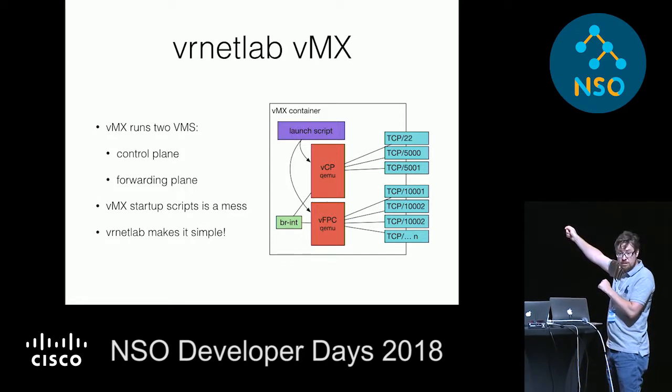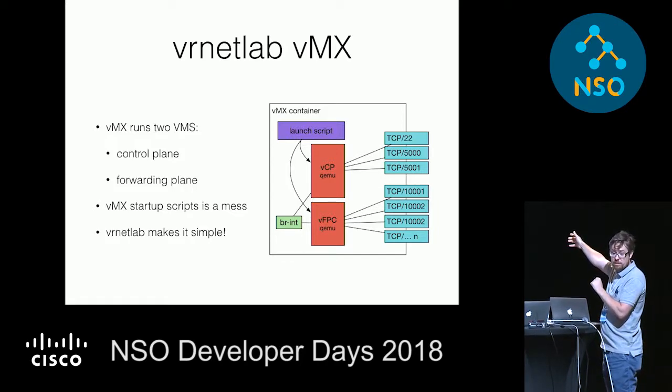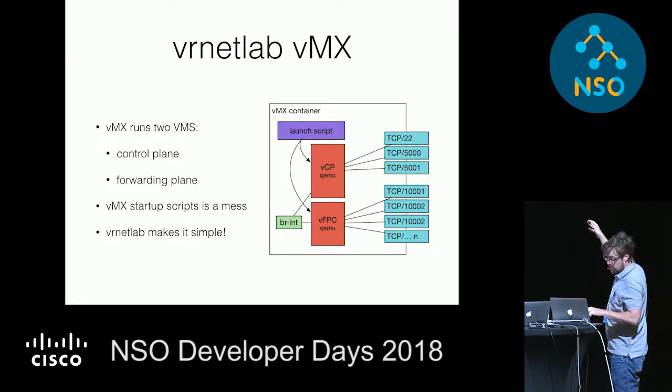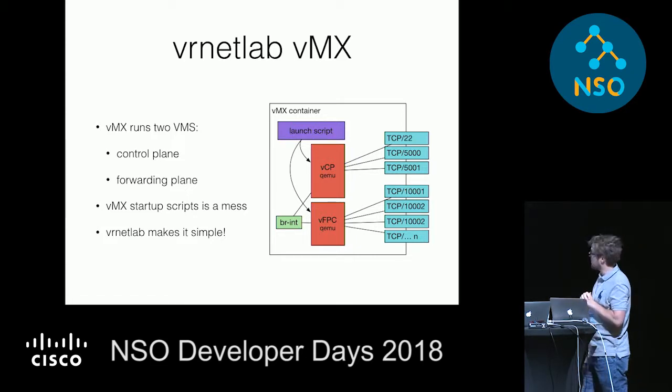There's a launch script in there that handles launching this whole thing, and I think it's a heck of a lot easier to read that launch script than it is reading the startup script that comes along with a normal VMX installation. I'm not sure if you looked at those, but don't. You'll claw your eyes out after. So it's very easy to use, and it just handles all of these things. It's perfect if all you want to do is have some virtual routers to test your NCS installation with.